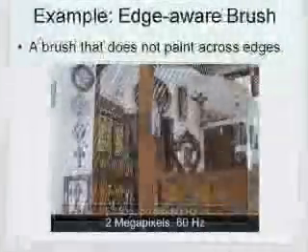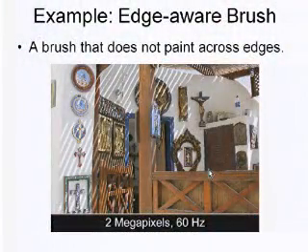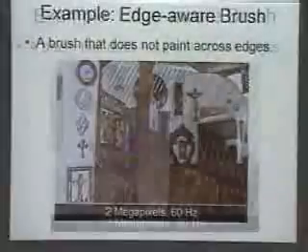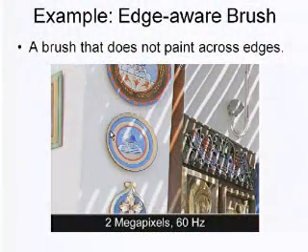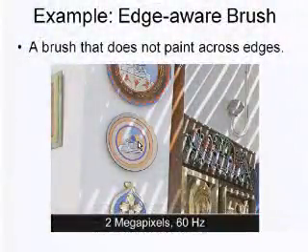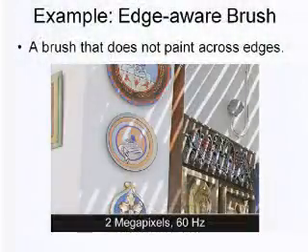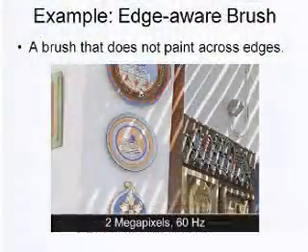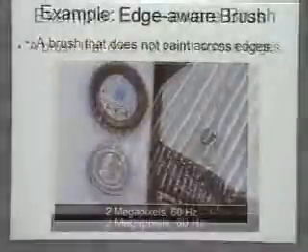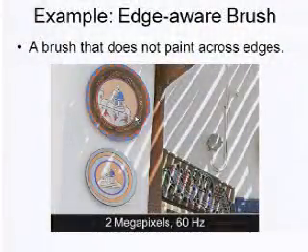But as you can see, the user is not very careful. But still, the brush stops at edges. We don't brush over the edges. We change the color, but it does not bleed on the wall. So that's what we call an edge-aware brush. And I will show you how we use the grid to achieve this effect.